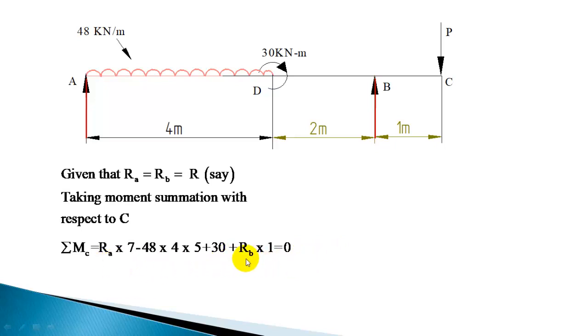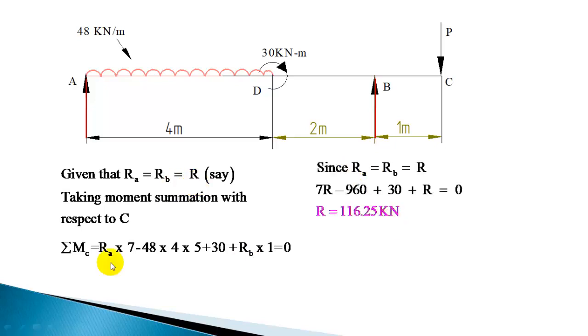We know RA is equal to RB, so we can substitute R. You get 7R minus 960 plus 30 plus R is equal to 0. Now 8R is equal to 930, or R is equal to 116.25. At A and B you have equal reactions of 116.25.